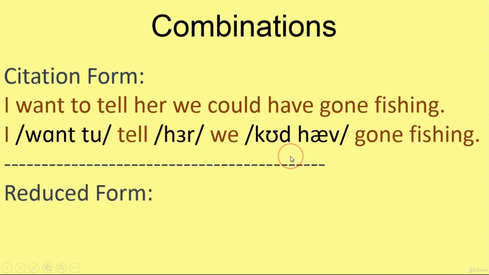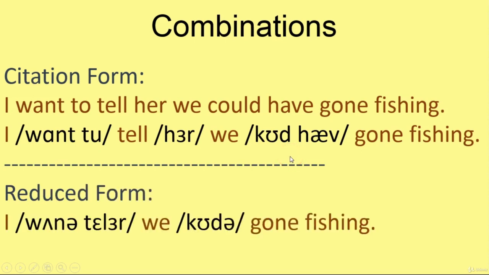And when we reduce all of these in this sentence, it sounds like, I wanna tell 'er we coulda gone fishing. "Want to" becomes "wanna," and "tell her" is "tell 'er." "Could have," "coulda." And all together, I wanna tell 'er we coulda gone fishing.